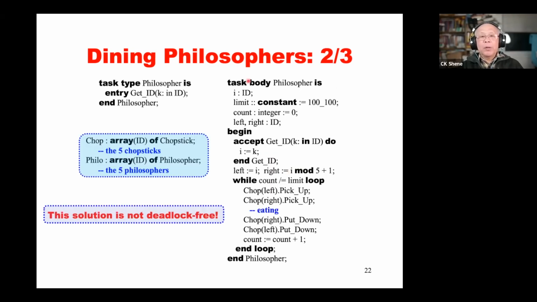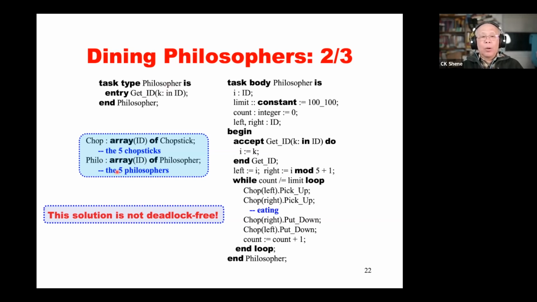Now we define the task type philosopher, which simulates the execution of a philosopher. So the entry point is get ID, because each philosopher must be initialized with an ID, so that the philosopher would use this ID to determine his left chopstick and his right chopstick.